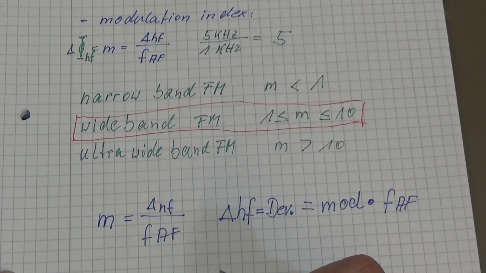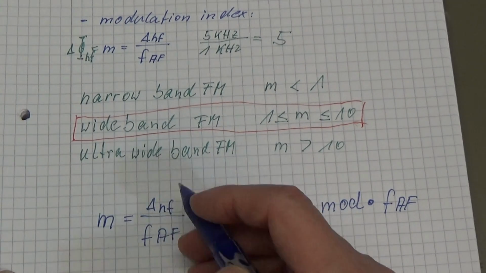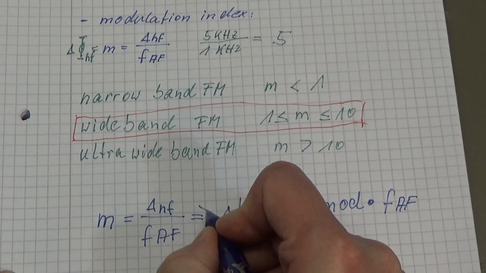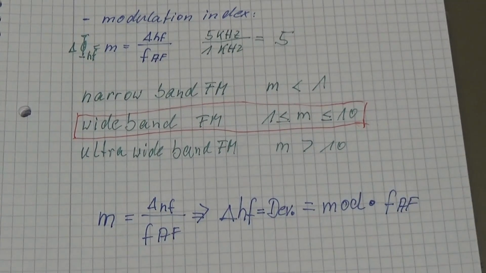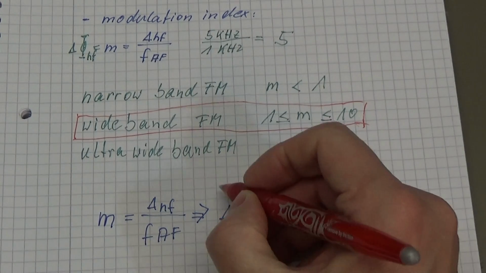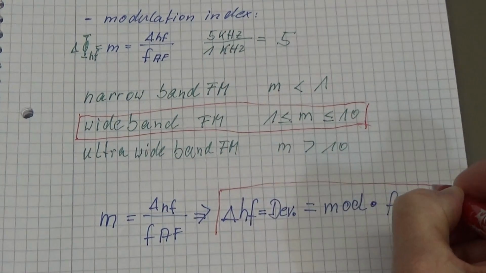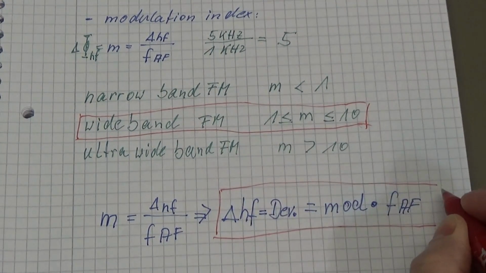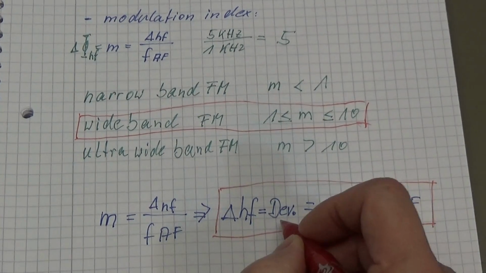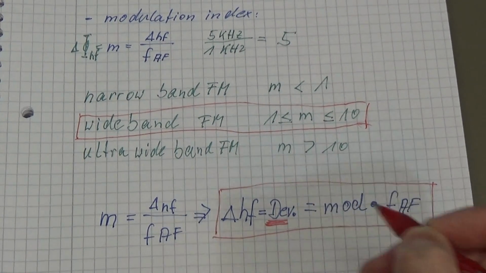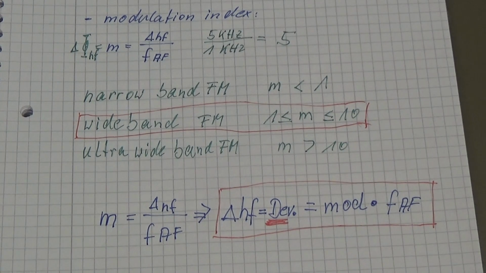Alright, so this here is converted to this formula, and this here is the formula we can finally use to find our deviation, because this here is what we are looking for, as it is not so simple to see it directly in our spectrum analyzer picture.